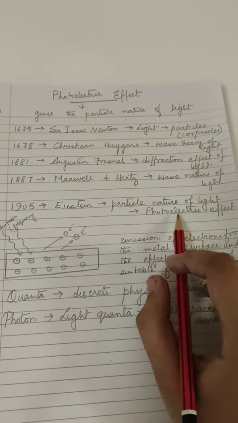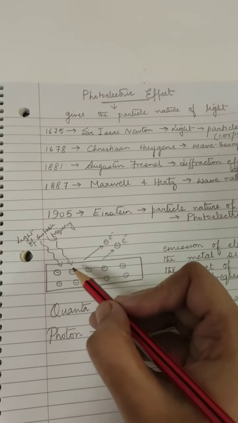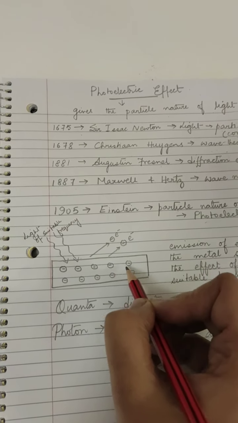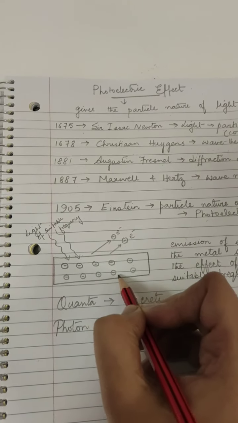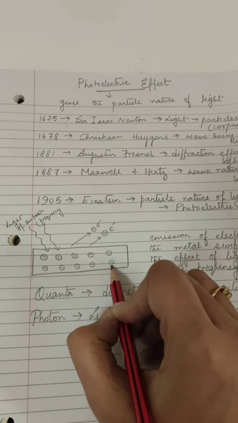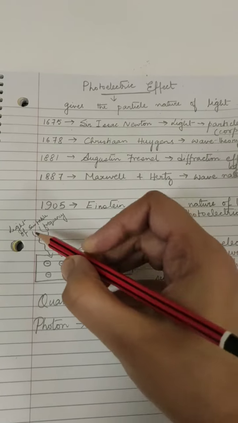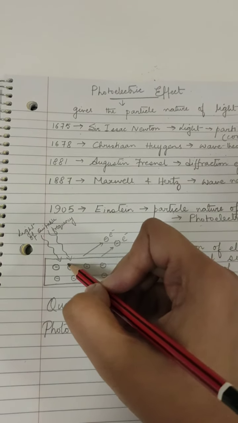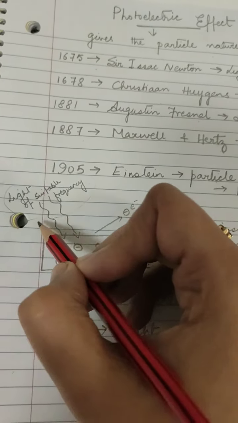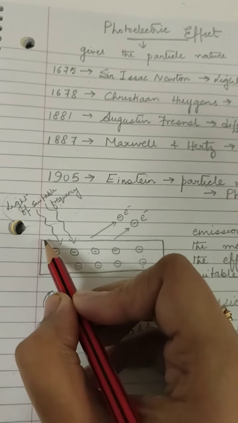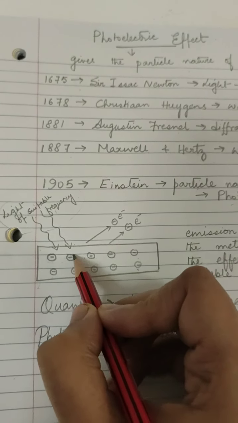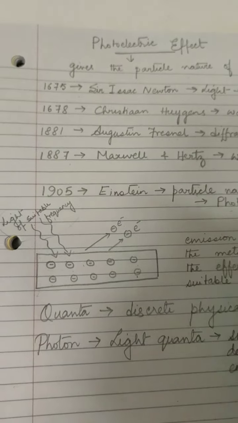Okay, so what is this photoelectric effect? Now, if you have a metal, we know metal consists of free electrons, which are responsible for the conductivity of the metal. So if light of suitable frequency is incident on the metal surface, then these free electrons are ejected from the surface of the metal.